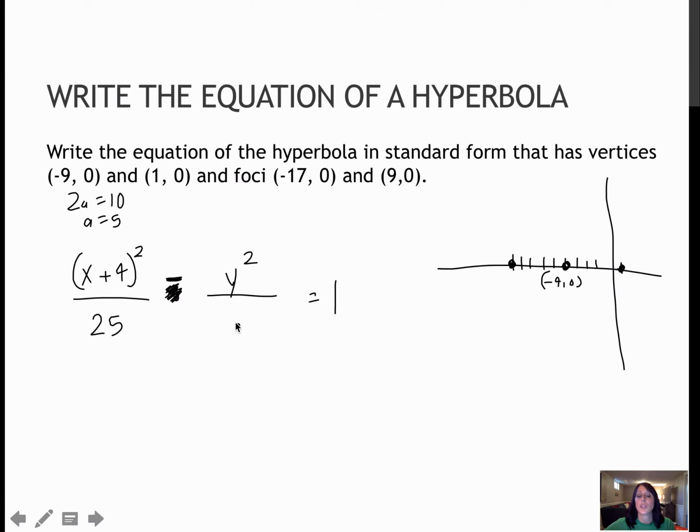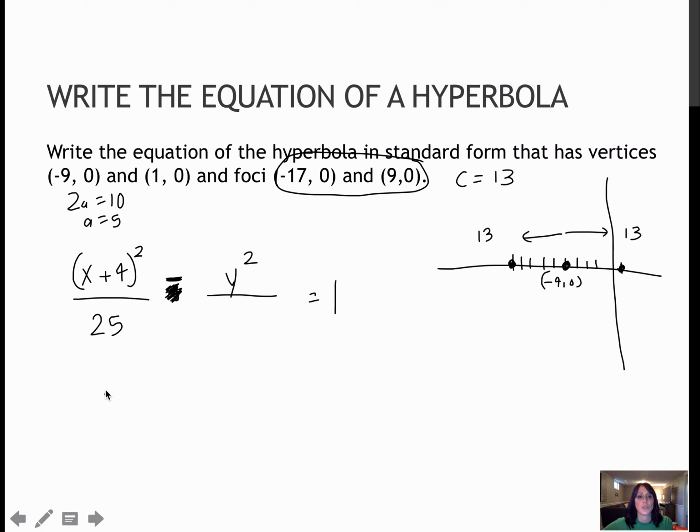Now the only thing left to do is to find the b value. I'm going to have to use the c value to help me find it. If my foci are at -17, 0, and 9, 0, then I know that from this point, I had to go 13 units this way and 13 units this way. So that means c is 13.